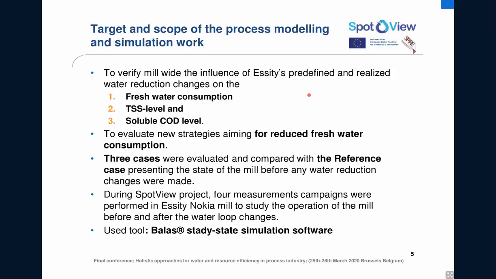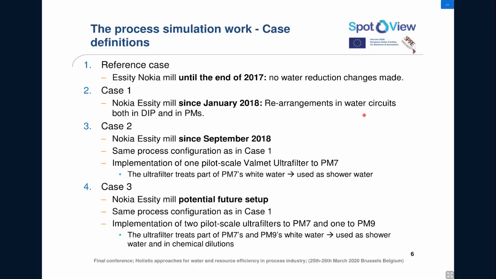That is also what we have to take care of when we are closing our water loops. So to reduce freshwater consumption, we did four different cases: the reference case and three other cases, using a steady state modeling program owned by VTT and named Balas. The cases are shown in this slide.